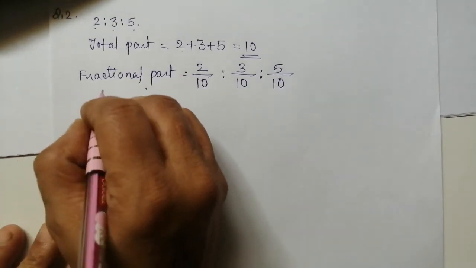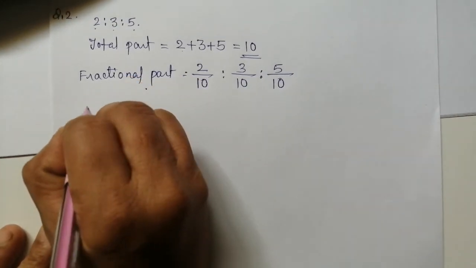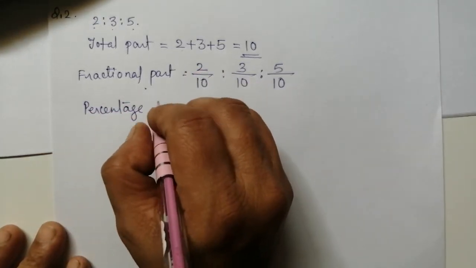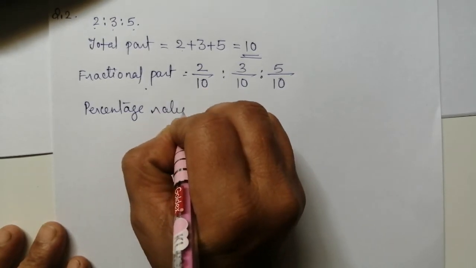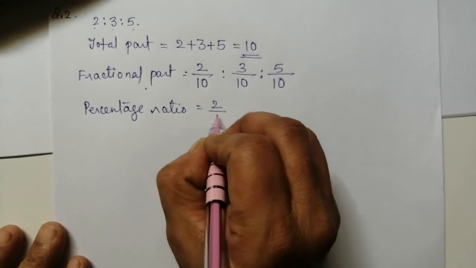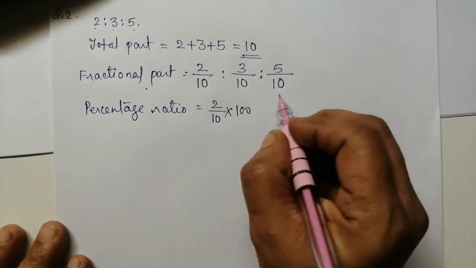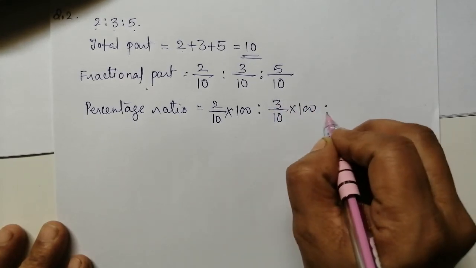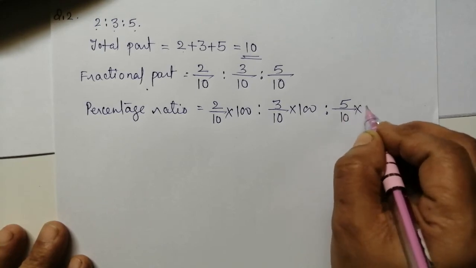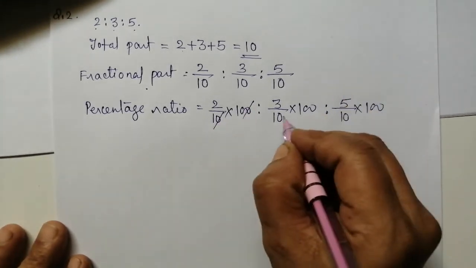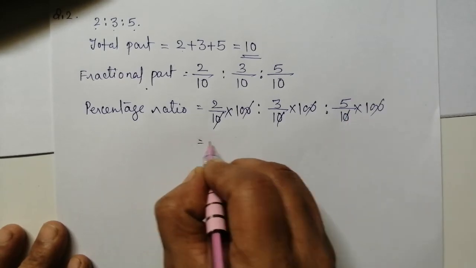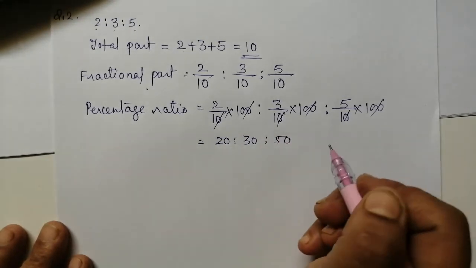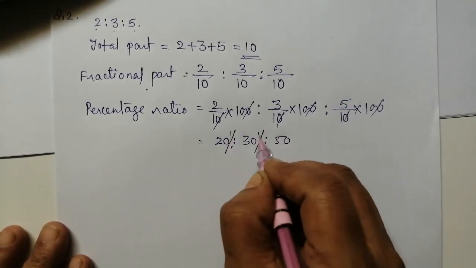So now we will write the percentage part. Percentage ratio is equal to 2 by 10 multiplied by 100. Percentage means out of 100. Right, you will get 20, 30 and 50. This is all in percentage form we got.